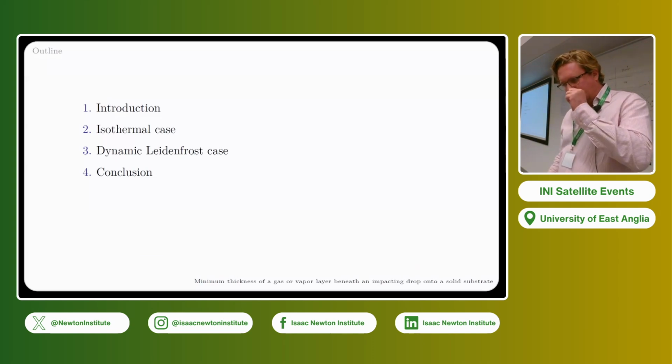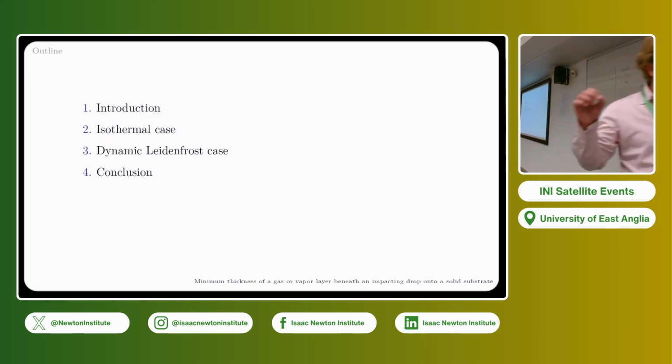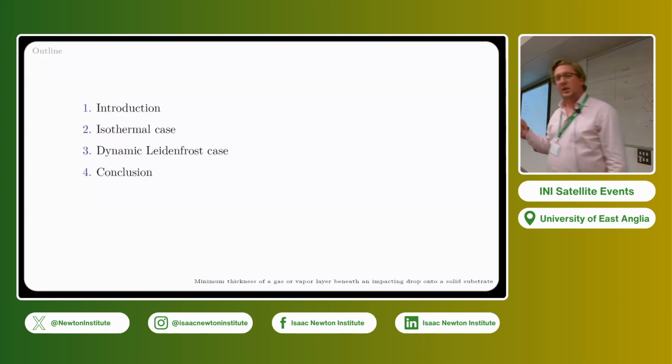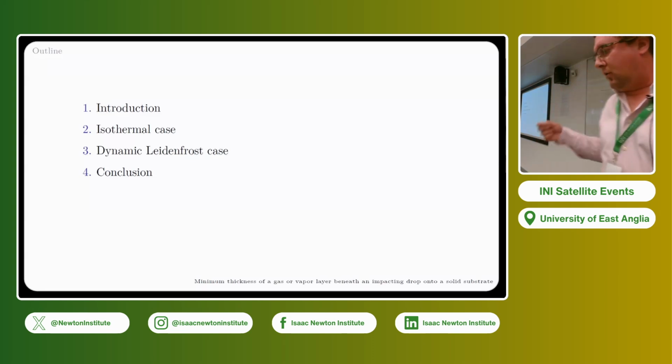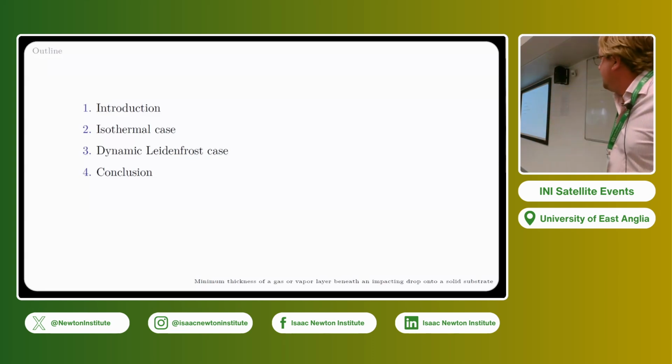So it's important to note before we start that if we fix the velocity of the drop and the radius of the drop, as well as the properties of the drop, we want to obtain a model for the minimum thickness of this vapor or gas layer beneath the drop.